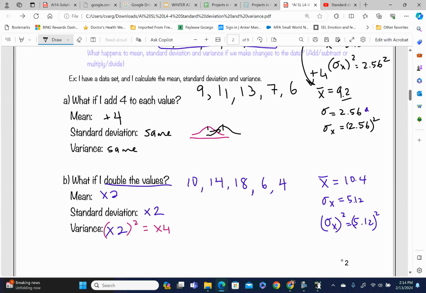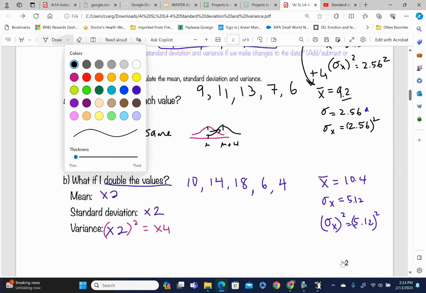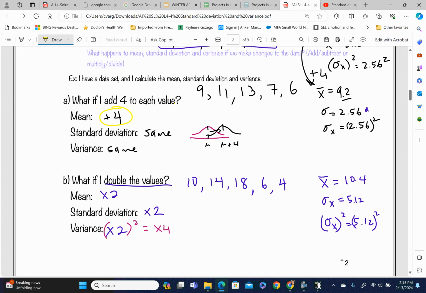So the mean was over here. Here's our mean, and now this is going to be our mean plus 4. So that makes sense, that the mean is getting moved over. The standard deviation and the variance don't change, right? Because the spread of it is still going to be exactly the same. Do you see this?